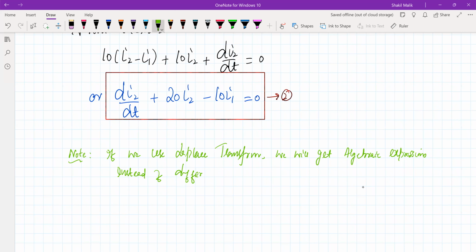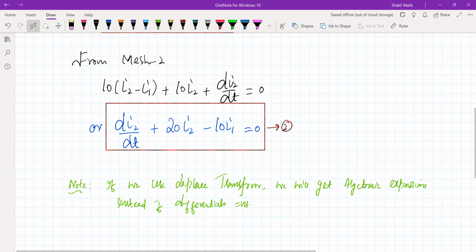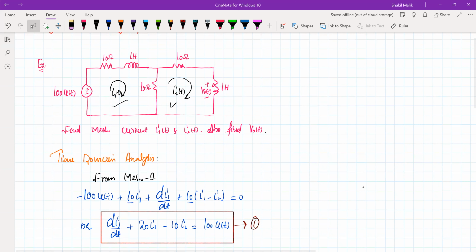Algebraic expressions are very easy to manipulate or simplify compared to differential equations. So we'll convert this network to the Laplace transform domain.